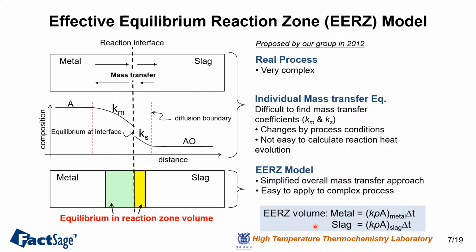That is, we assume a certain fraction of the volume at the interface from the metal side and slag side can react at the given time at the interface. And the amount of the volume can be calculated by using the mass transfer equation, as you can see here. So once that chemical reaction happens, then the reaction product can be homogenized in the metal and the slag side.